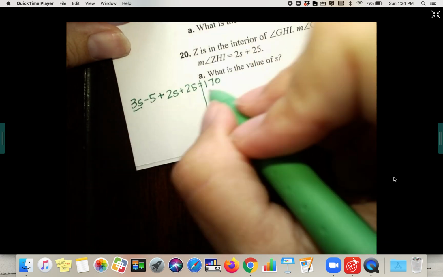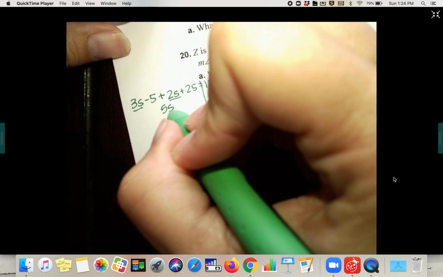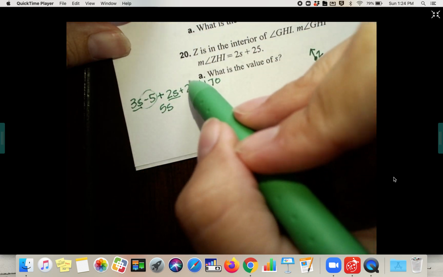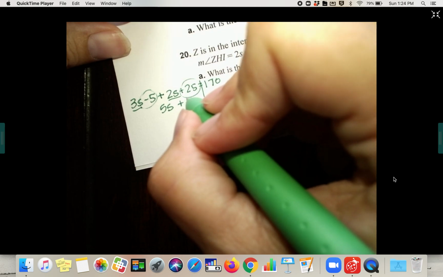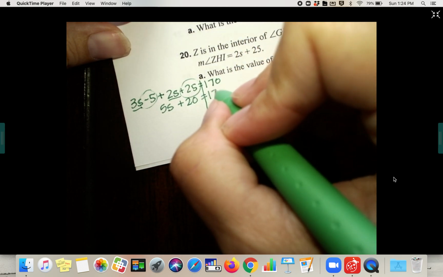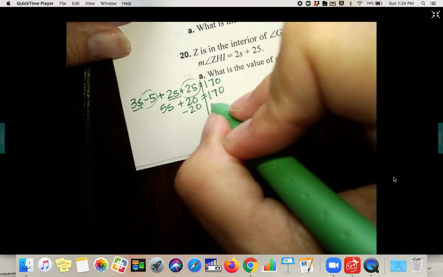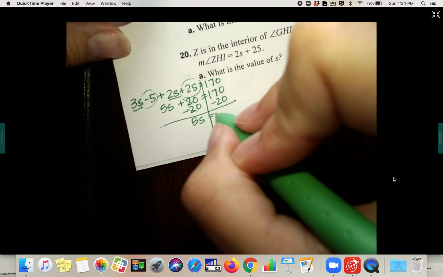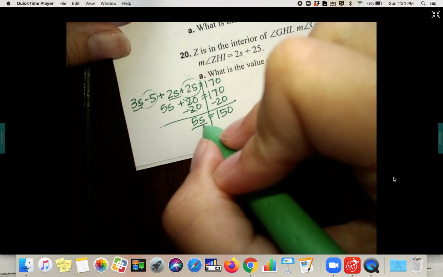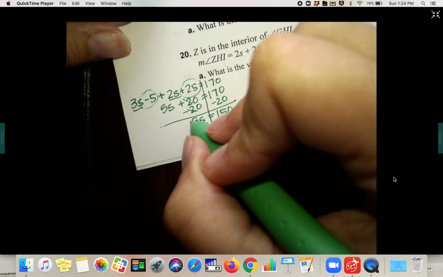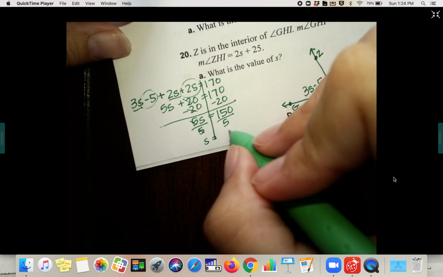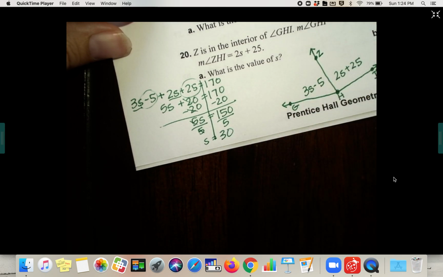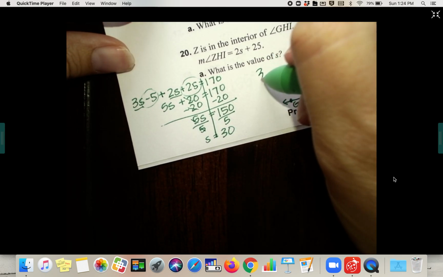Combine your like terms: 3S plus 2S is 5S, and negative 5 plus 25 is positive 20. Subtract 20 from both sides. 5S equals 150. Divide both sides by 5. S equals 30. So the value of S is 30.